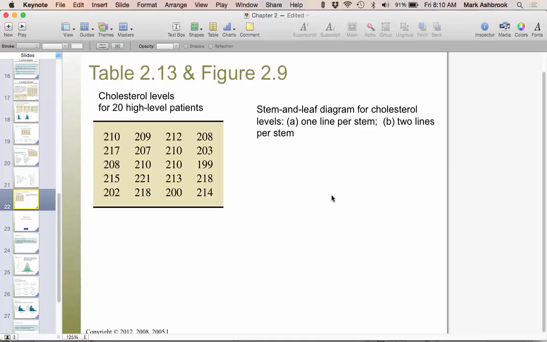Do you want them in order from least to greatest? Are you always going to split it evenly, right at 5 when you have two lines per stem? Yeah, so it goes 0 to 4, 5 to 9.